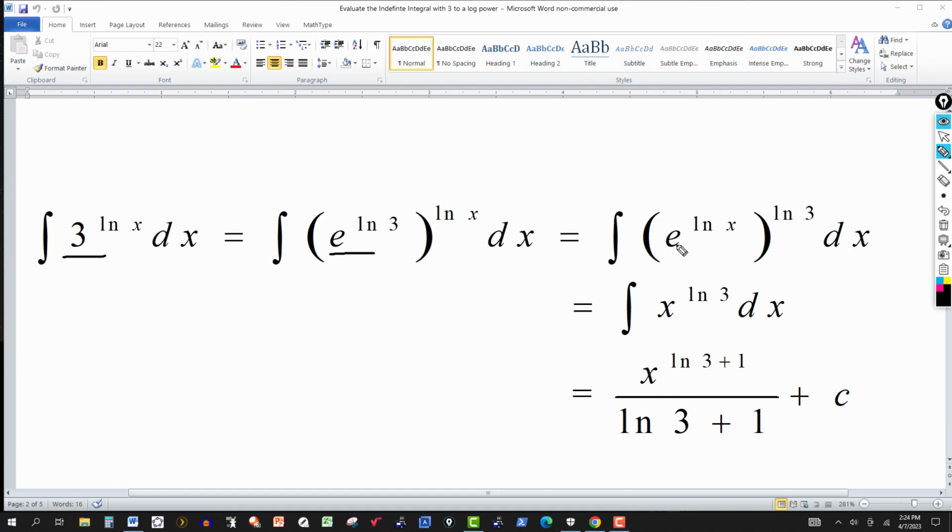So then we come back over here, and these are now exponents. Ln of 3 is an exponent, ln of x is an exponent, so laws of exponents allow me to multiply. It's like we have x squared to the 3rd power.